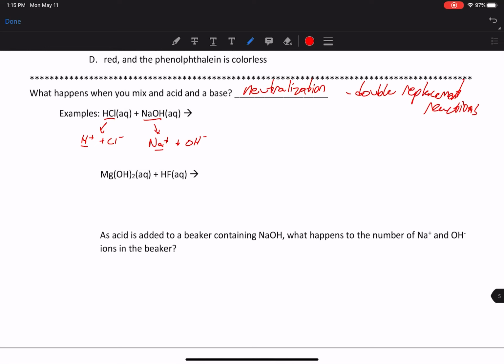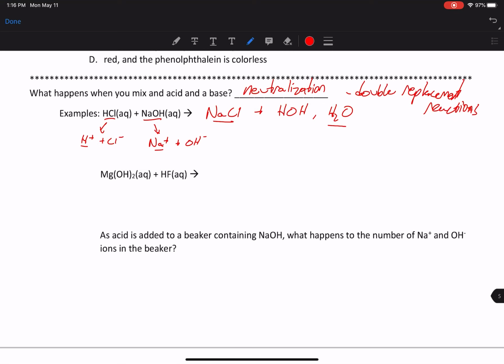And so in doing that, you are left with NaCl plus HOH. And if you notice, HOH is the same thing as H2O. So anytime you have a neutralization reaction, your products will be some kind of ionic compound or a salt plus water.